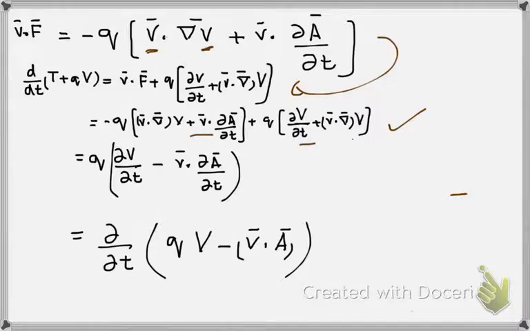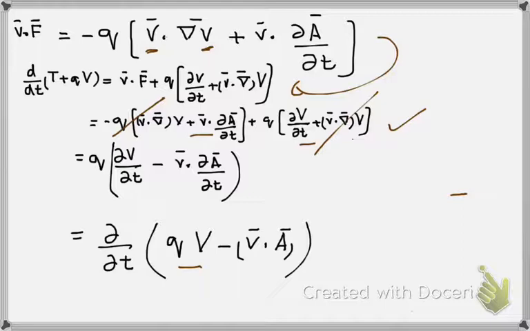Now you can see minus q v dot del V will be cancelled out with this term, and we are left with only two terms, q into partial V over partial t minus v dot partial A over partial t. So the total derivative of the energy equal to partial derivative of q into V minus v dot A.